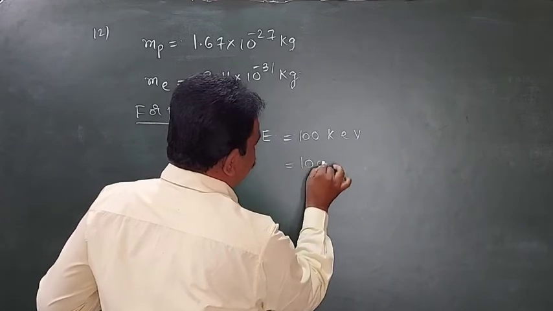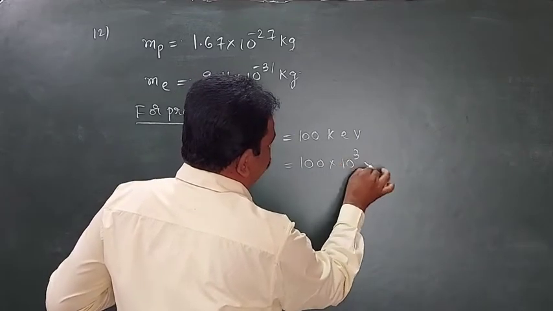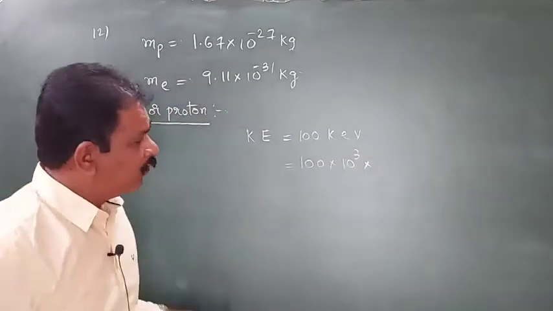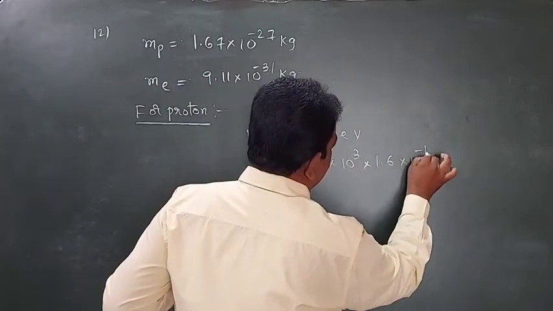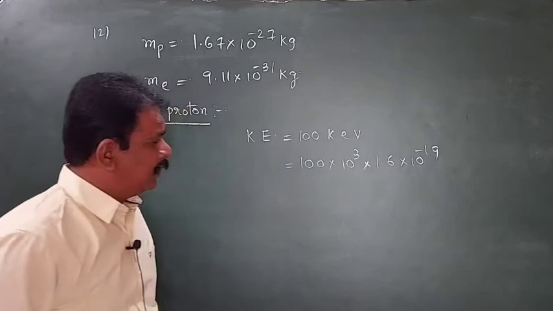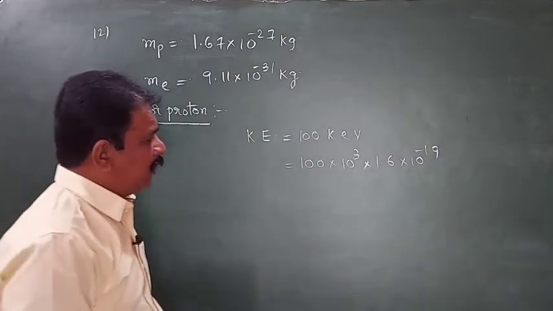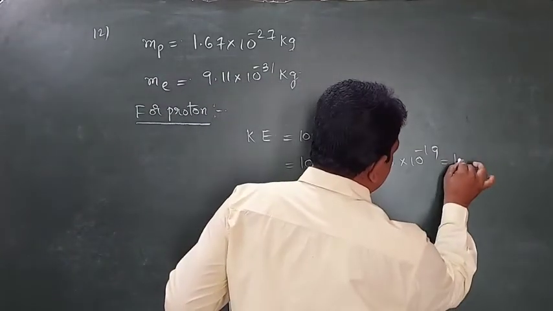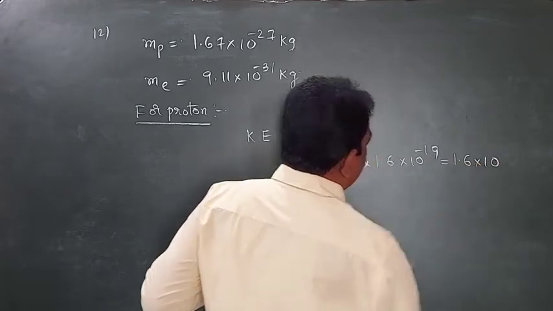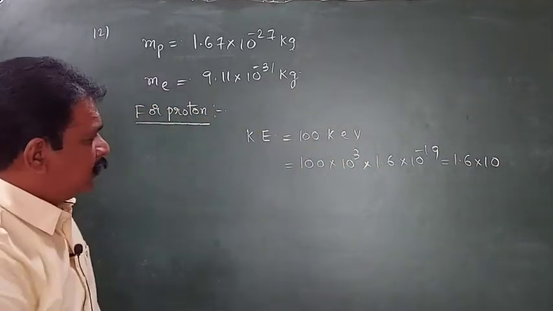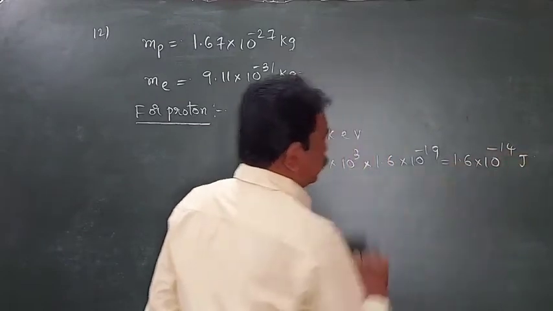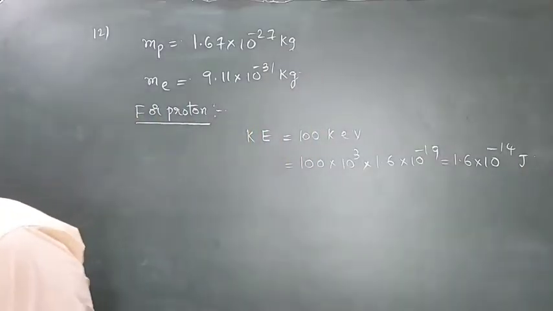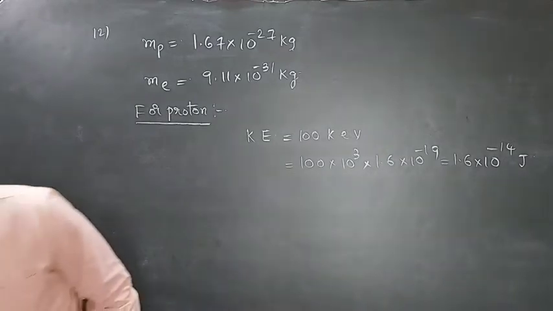So 100 into 1 kilo means 10 cube. 1 electron volt is 1.6 into 10 power minus 19. So this value is 1.6 into 10 power minus 14 joules. Okay, you calculate the velocity.